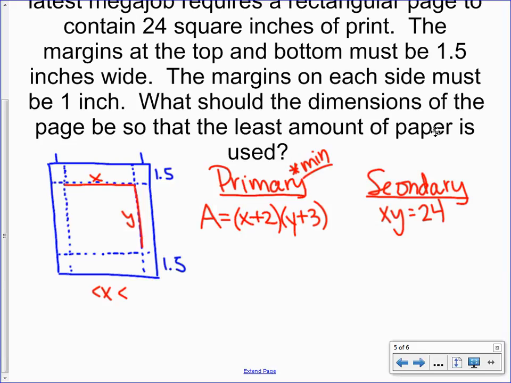It has to be greater than 0 and less than 12.